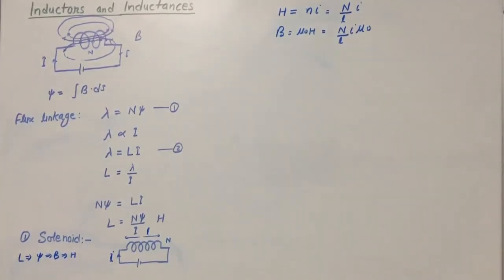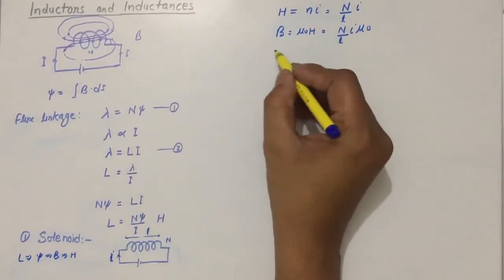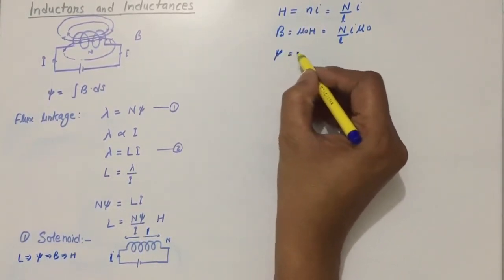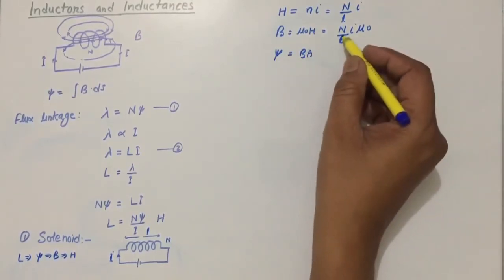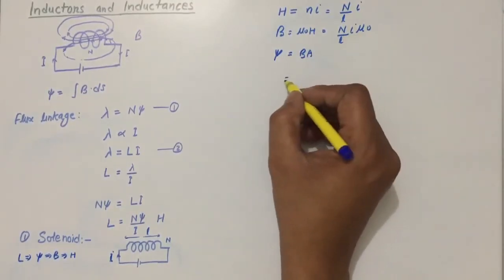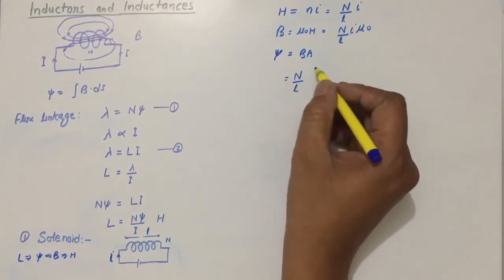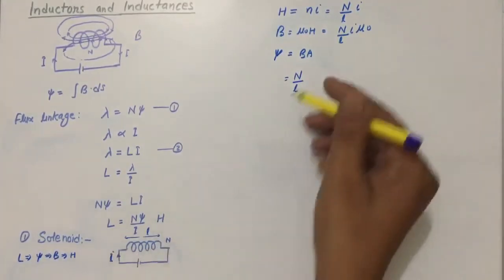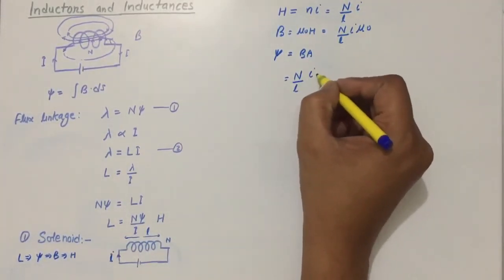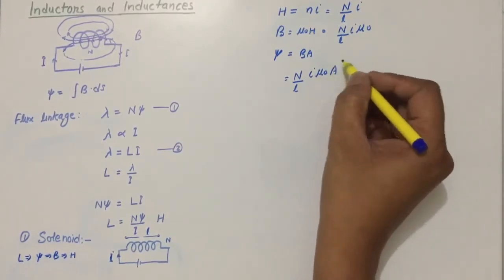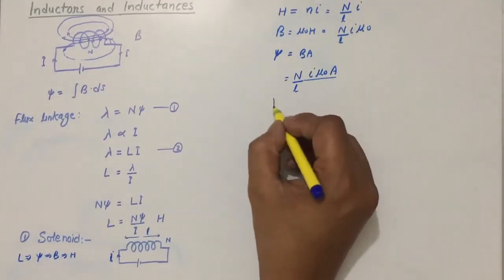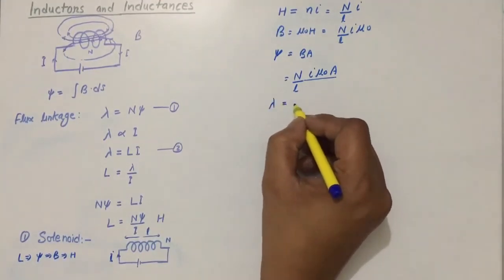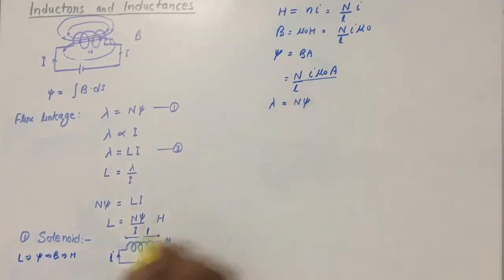And the flux can be written as BA, and we can place the value of B from here, N divided by the length of the solenoid times I mu naught times A, and the flux linkage is equal to N phi.